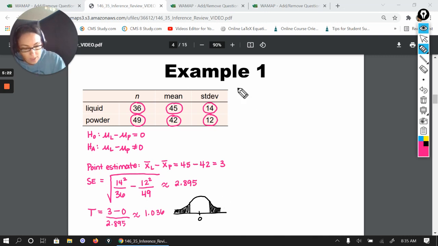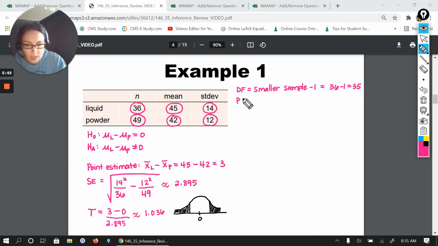The degrees of freedom equals the smaller sample size minus 1, or the smaller group size minus 1. So that would be 36 minus 1, which equals 35.